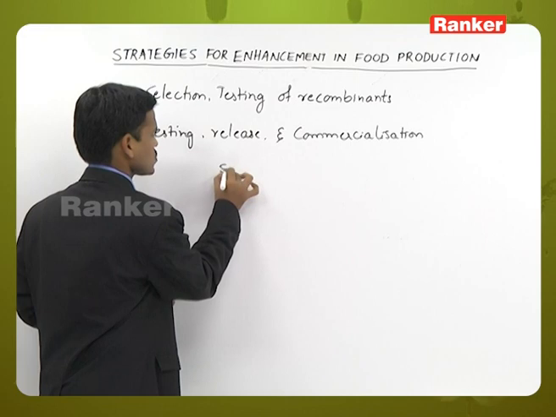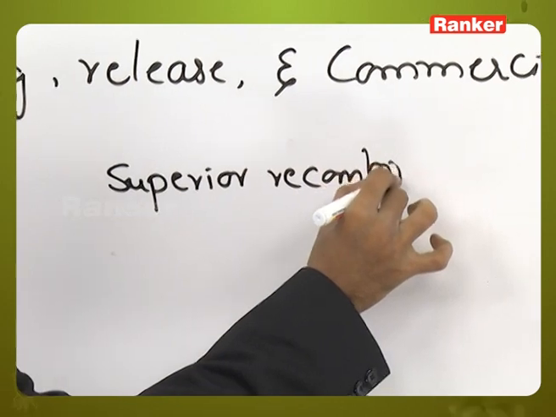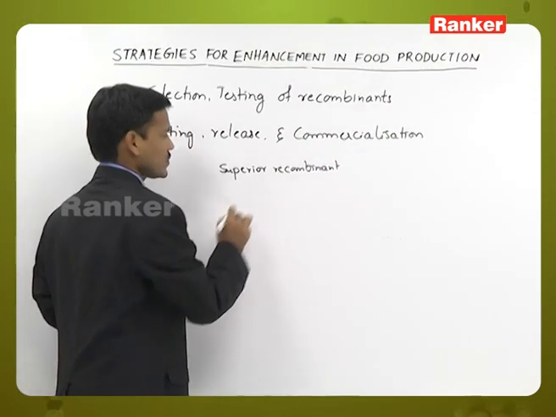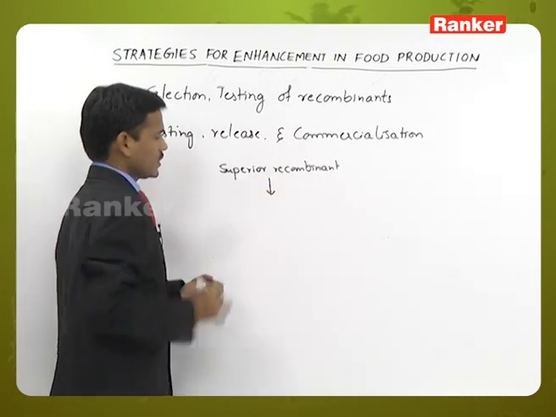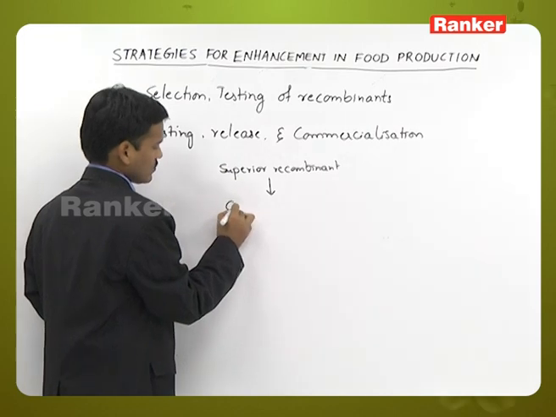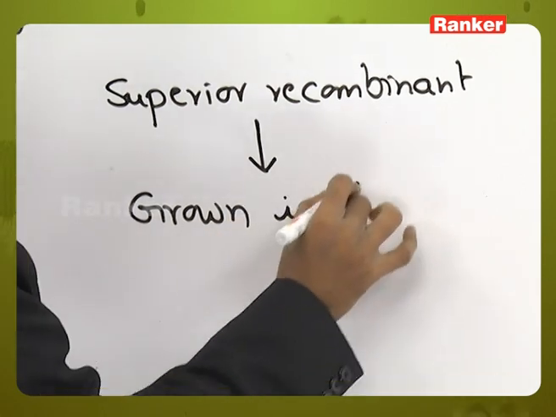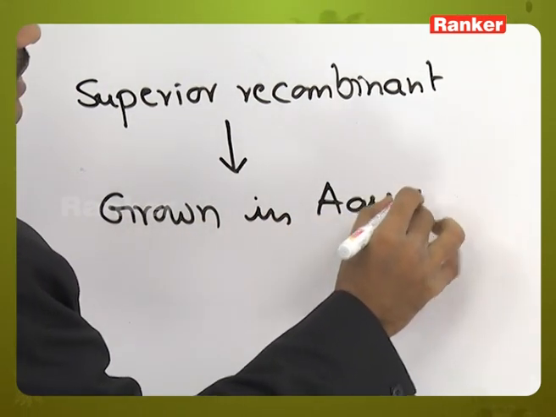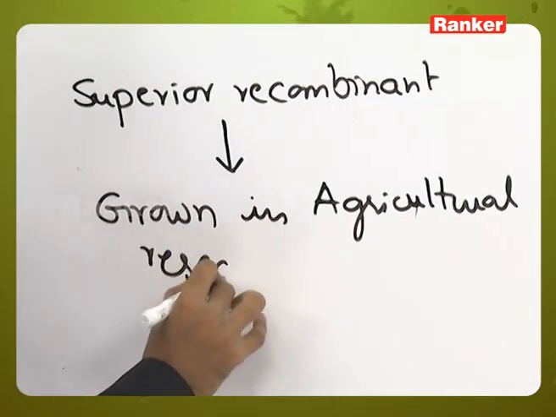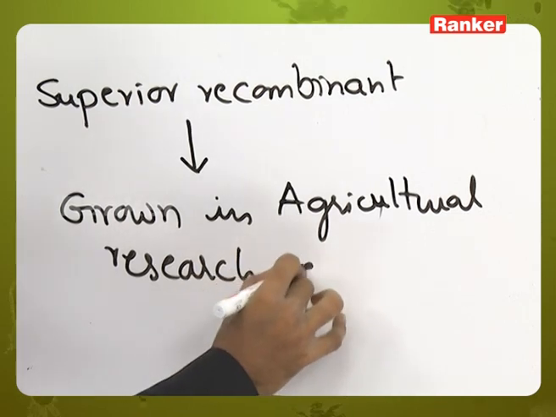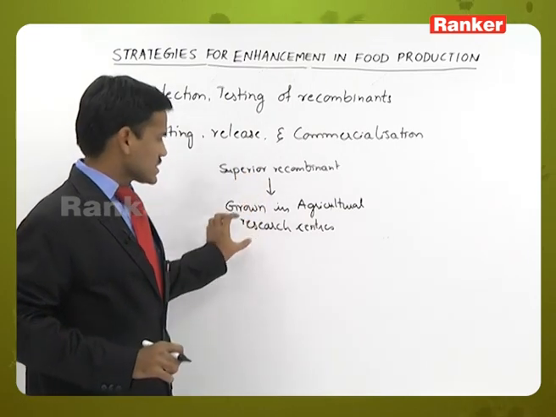For example, a superior recombinant produces a number of seeds, and from these seeds the plants are grown in agricultural research centers. Why are the superior recombinants grown in the agricultural research centers?